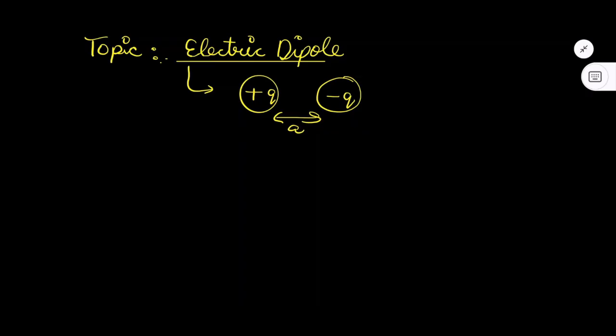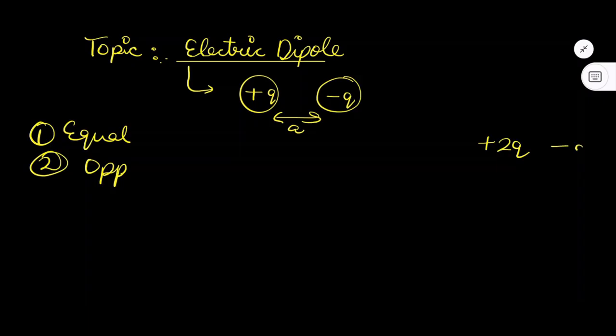The conditions must be that we must have equal charges and they should be opposite in sign. So if we have plus 2q and minus q, that will not form an electric dipole. Also, if we have only plus q, it will also not form an electric dipole.